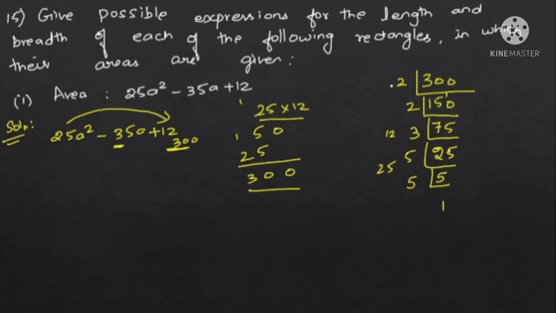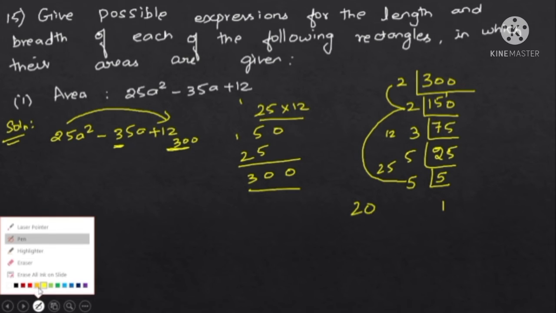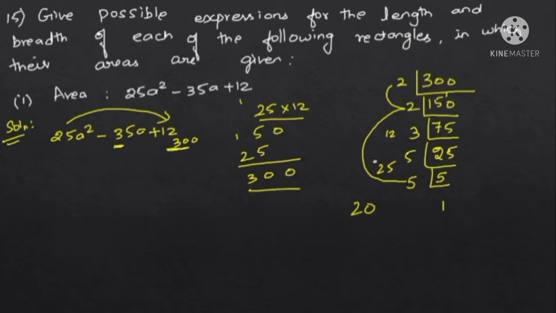So now let us choose 2 2s are 4, 4 5s are 20, and then if you choose the other two parts, 3 5s are 15.